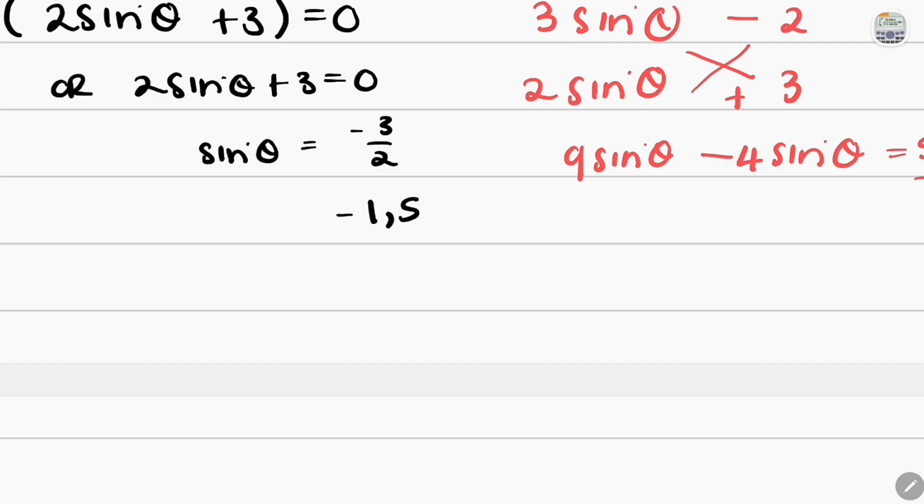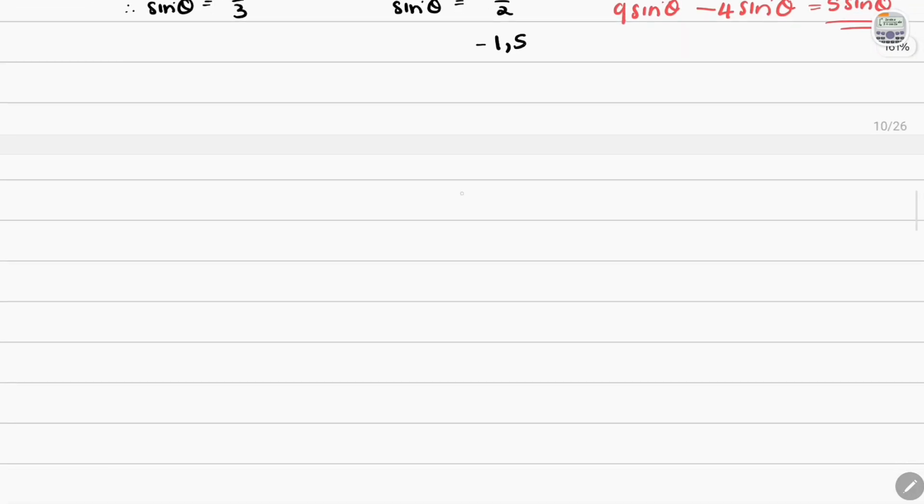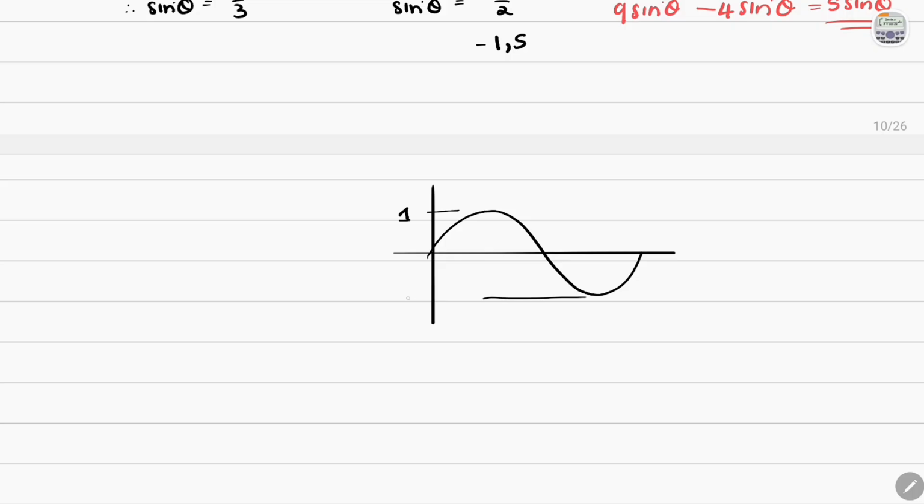This went below negative 1. It's impossible for that to happen with the natural sine graph. The graph of sine theta looks like this, and the highest it reaches is 1 and the lowest is negative 1. So we don't have any solution for negative 1.5.